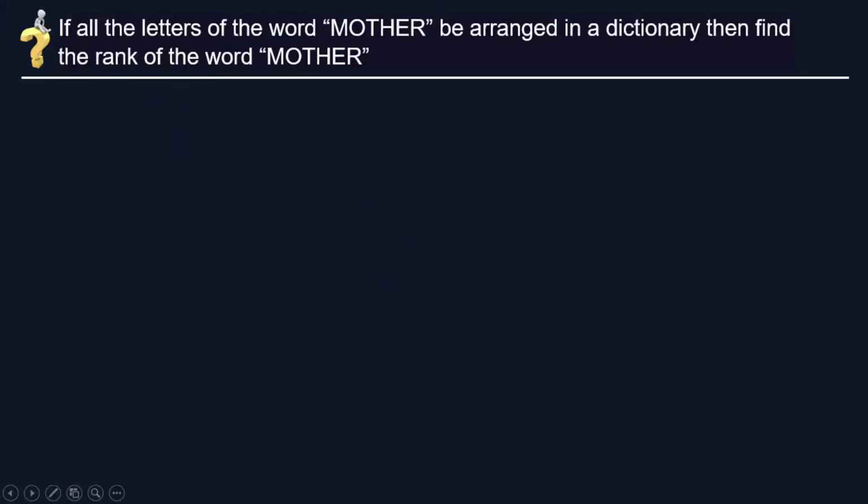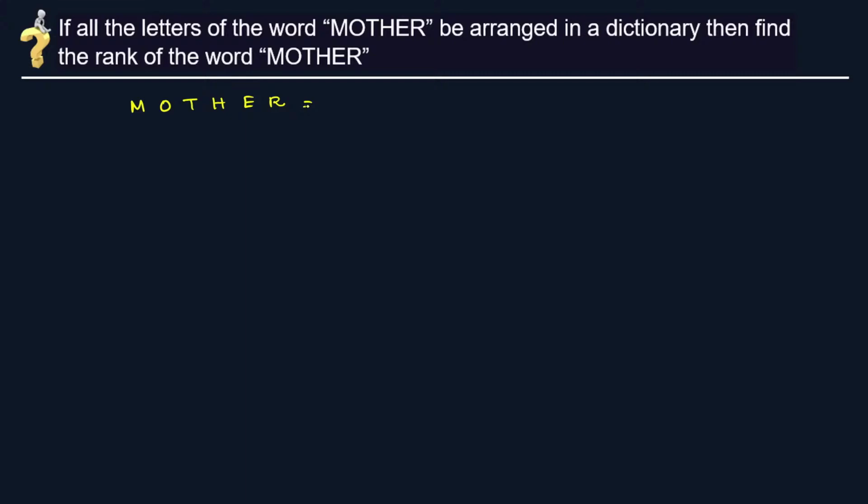See this question. They have said, if all the letters of the word MOTHER be arranged in a dictionary, then find the rank of the word MOTHER. So what I will do? First you tell me how many such words you will get by taking all the alphabets of MOTHER and arranging them.